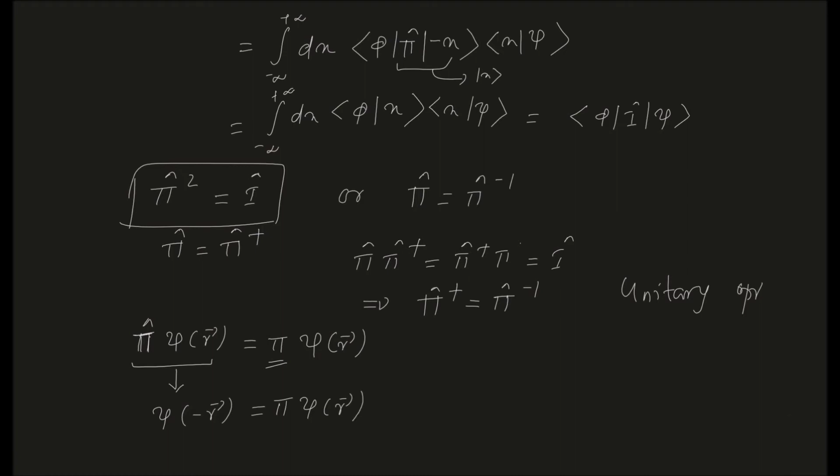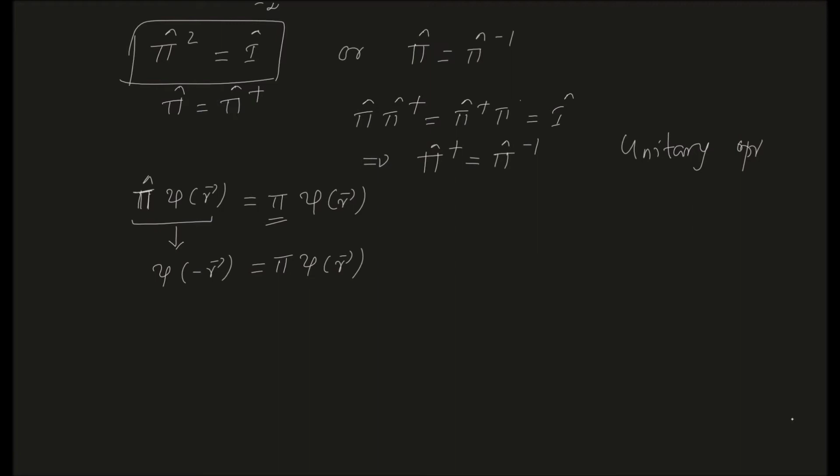psi of r. Now since pi square equal to I, the eigenvalue of the pi square operator can be plus 1 or minus 1, because the square of this will give you the identity operator 1. So for the corresponding wave functions, when you have an eigenvalue of plus 1, let's denote the corresponding wave function as psi plus, and when you have an eigenvalue of minus 1, let's denote it as psi minus.